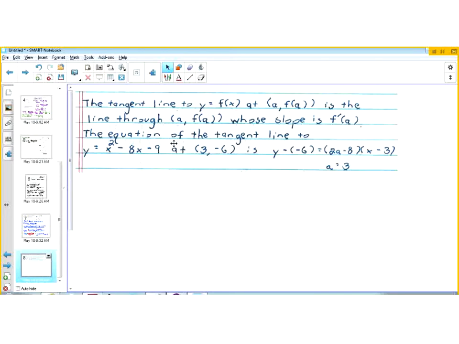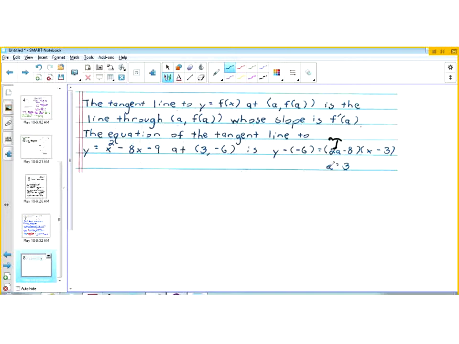Based on the calculation we just made, the tangent line to y equals f of x at the point a, f of a is the line through the point a, f of a whose slope is f prime of a. And so the equation of the tangent line to this parabola at, say, 3, negative 6, is y minus negative 6, and then we plug in our slope formula in terms of a, which is 2a minus 8.